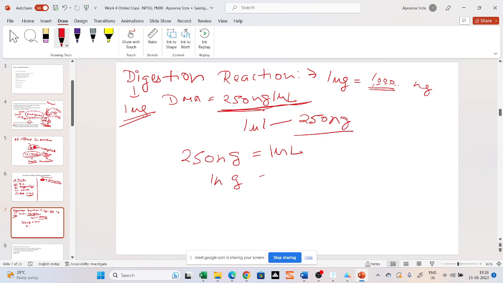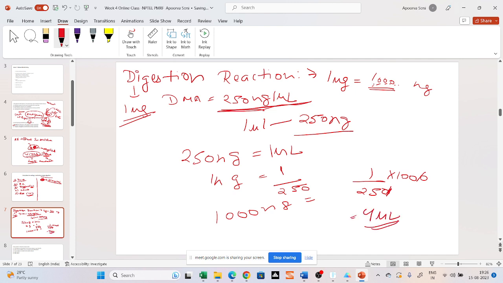So 1 nanogram would be in 1 upon 250 microliters. So 1 microgram, which is 1000 nanograms, would be 1 upon 250 into 1000. How much it will come? 4. That means 4 microliter of DNA will give us a concentration of 1000 nanograms or 1 microgram.